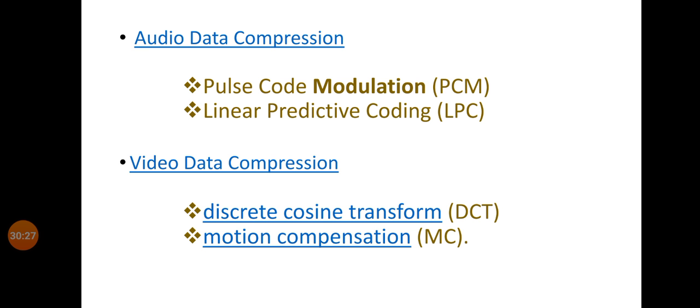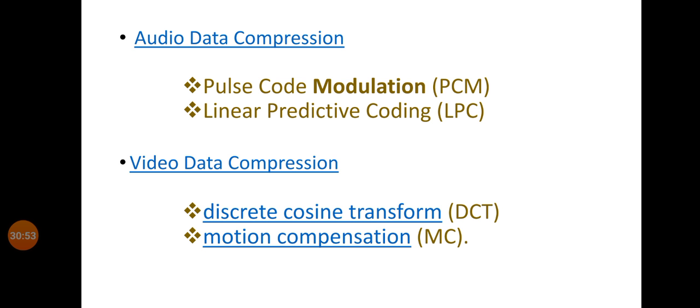Now audio data compression. To compress any audio, we use techniques such as pulse code modulation (PCM) and linear predictive coding, that is LPC. And for video data compression, we use techniques such as DCT and MC.